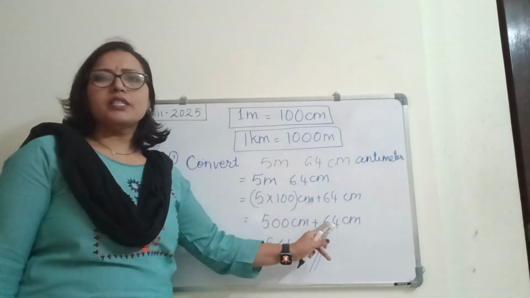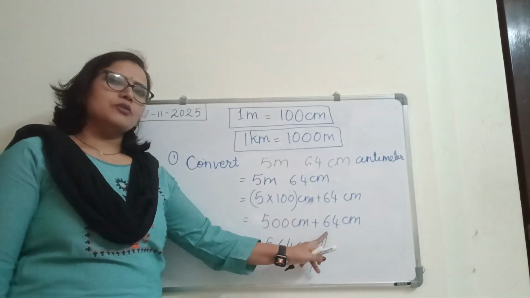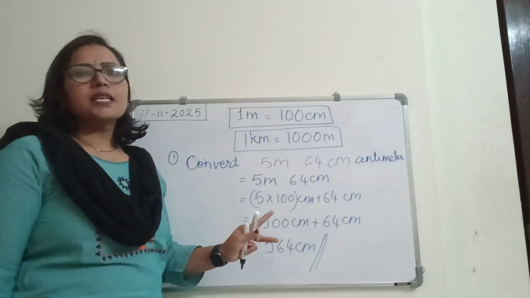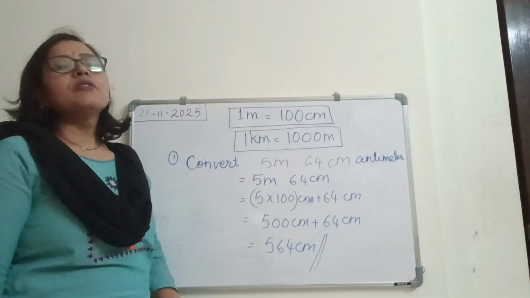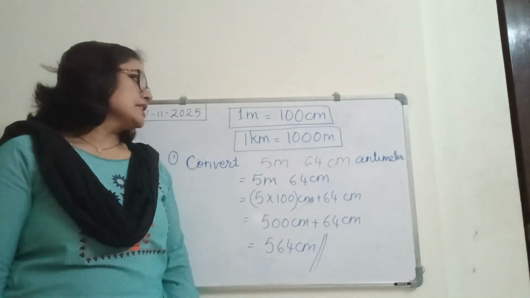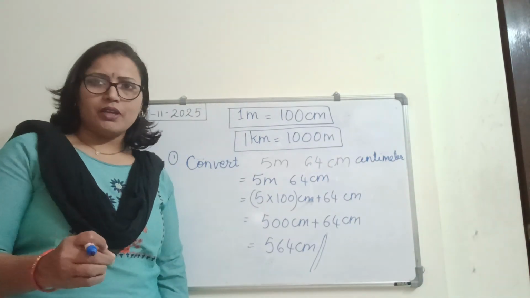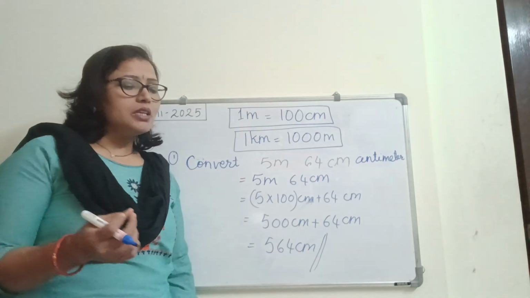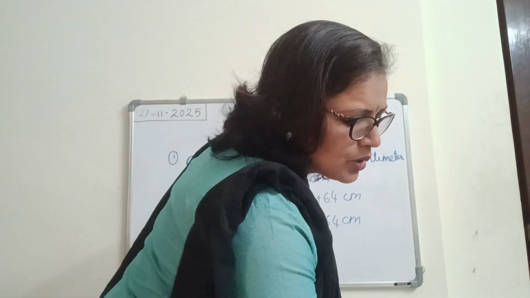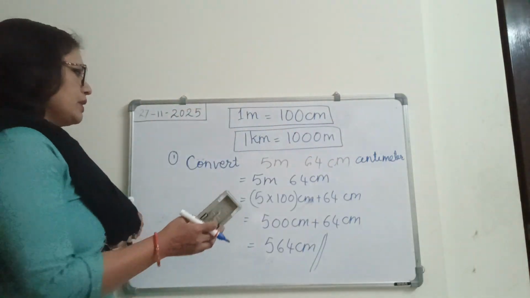Then it's very easy to add 500 plus 64 because now the units are same. So we got the answer 564 centimeter. This way you can convert any given centimeter into meter and meter into centimeter.